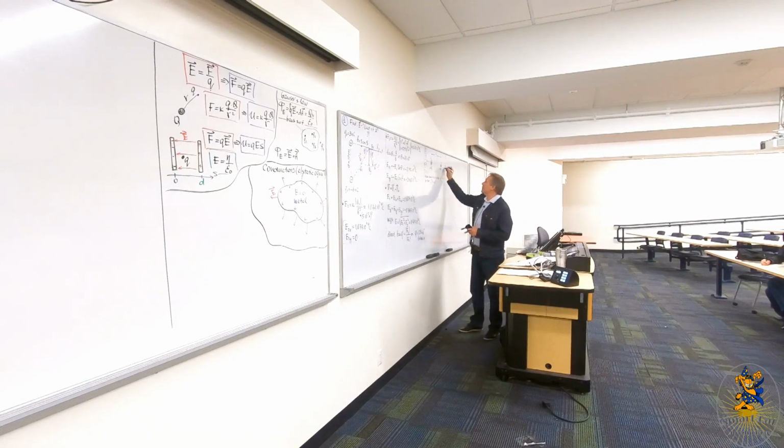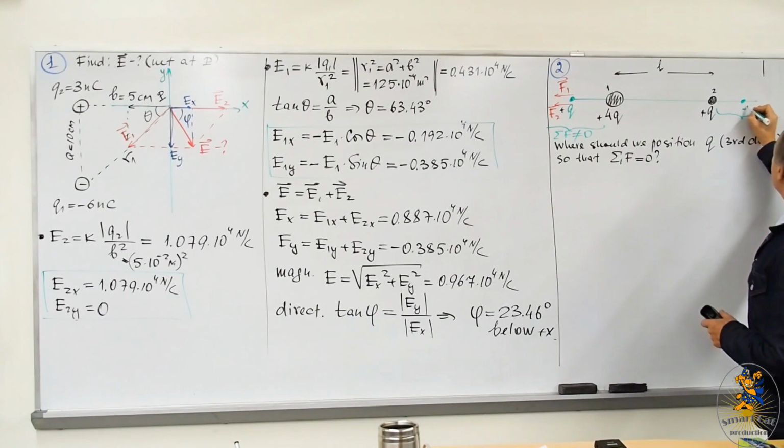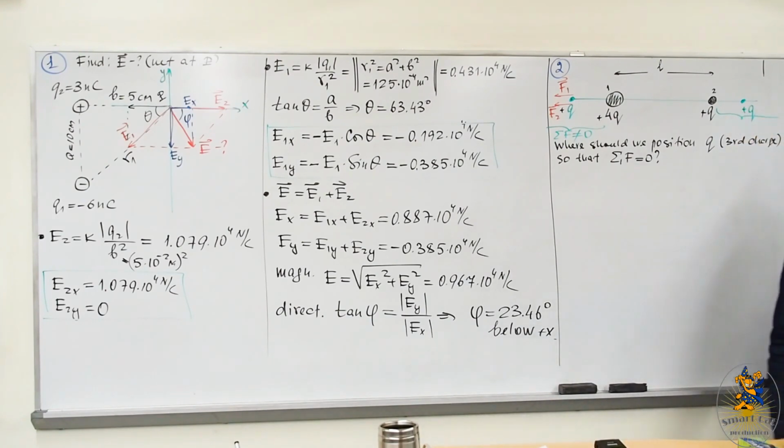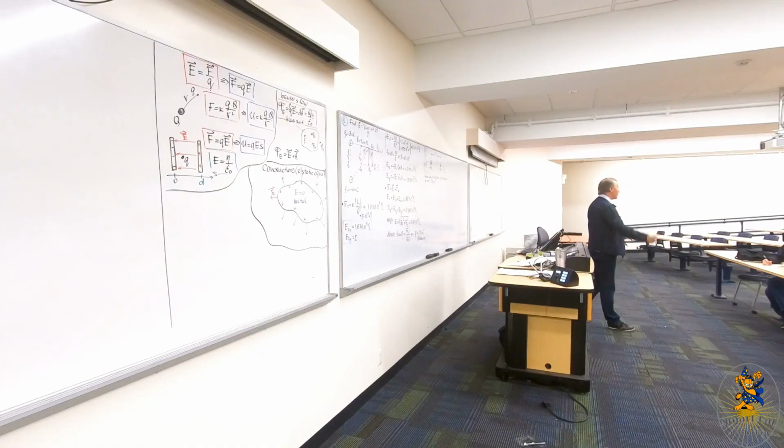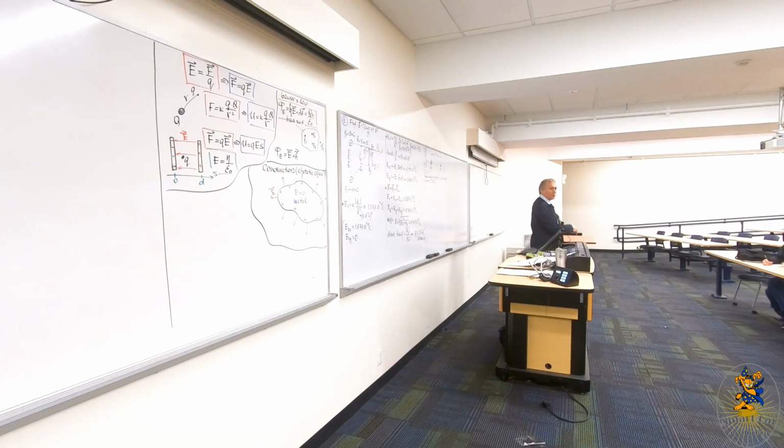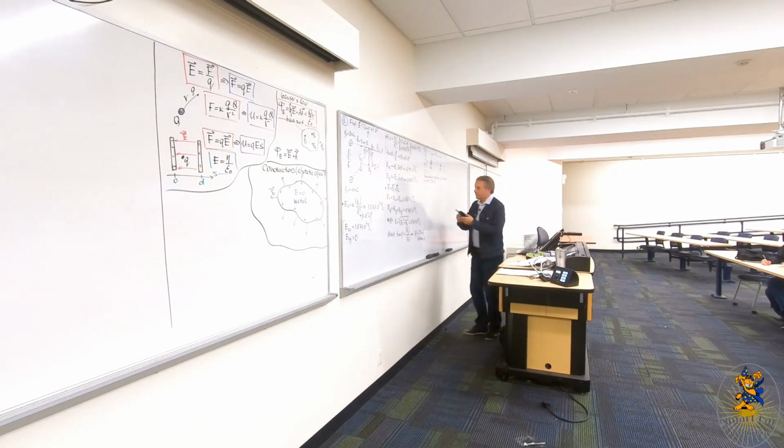Now let's run exactly the same analysis over here in this part, from this point to infinity. If you imagine positioning our charge plus Q over here, the story is essentially the same, right? But of course now forces are going to point to my left, to your right.